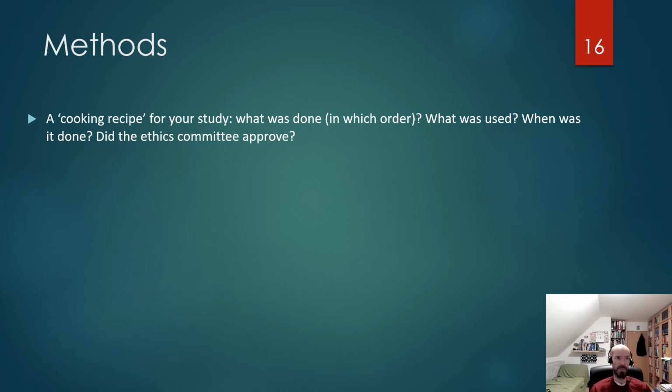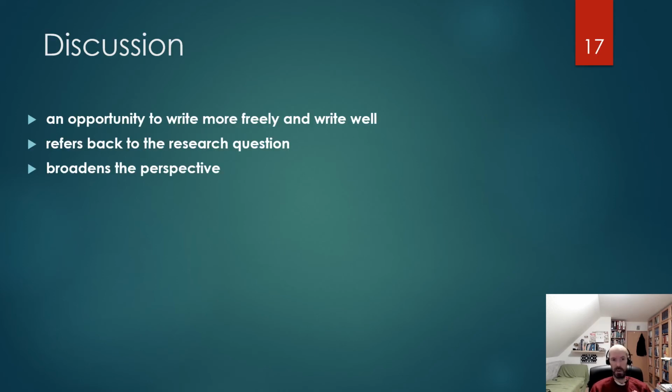So I'm now going to talk about the discussion section, the final section usually, although there may also be a conclusion, but very often the conclusion these days is part of the discussion. So the discussion section gives you a lot of freedom compared to the other sections. It's not as fixed as the other sections, so it offers you an opportunity to write well, to put good writing on display, if you like.